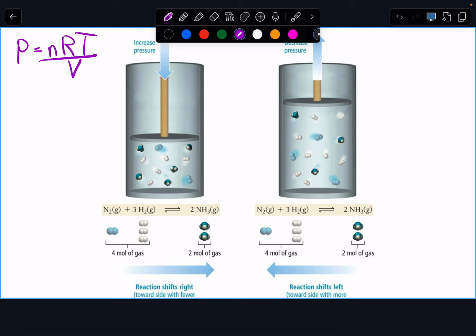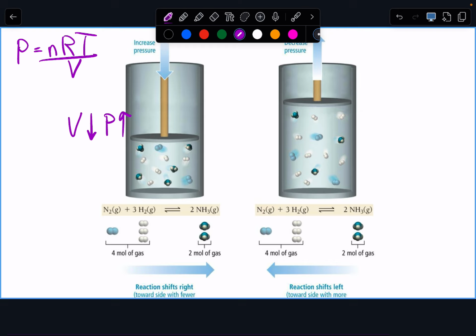We're not talking about adding anything in because we only want to change one thing at a time. So we're not going to change the number of moles right now, and temperature is its own separate thing. So be aware that the primary way we change pressure in these systems is by changing the volume. So it might say the pressure is increased, or it might say the volume is decreased. Those are synonymous as far as we're concerned.